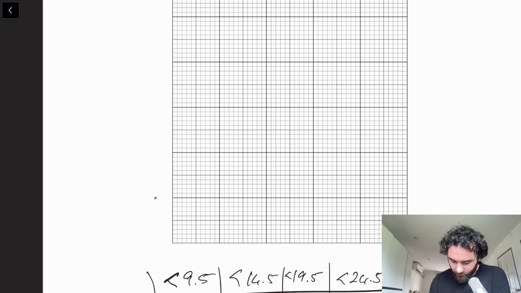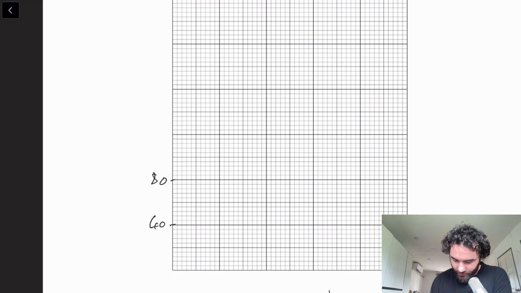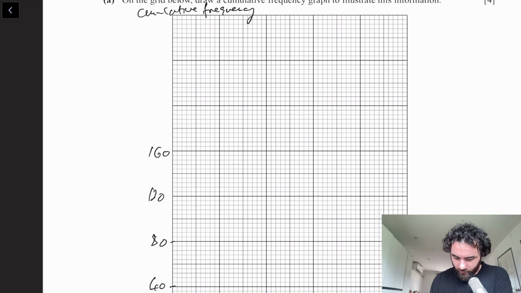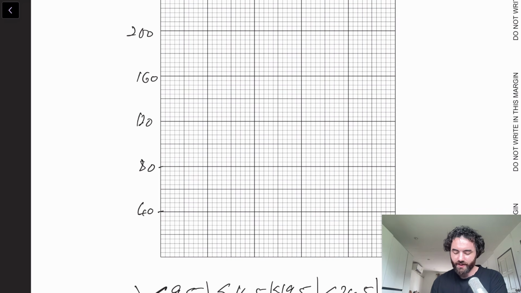So 40, 80 at each of these points, 80, 120. I'm picking an appropriate scale, 200, because that gives us 240, 280. Okay, 250 will be here. So each square here would be 40 divided by 10, which is 4.